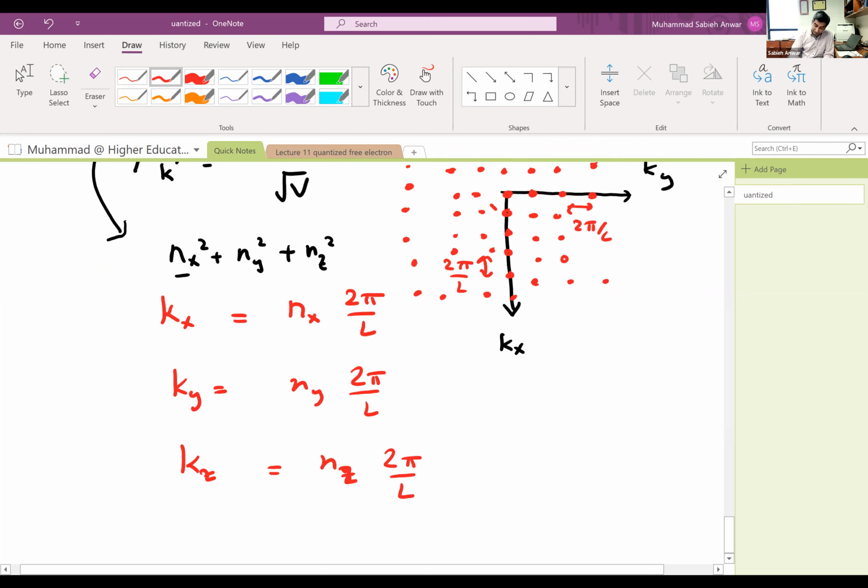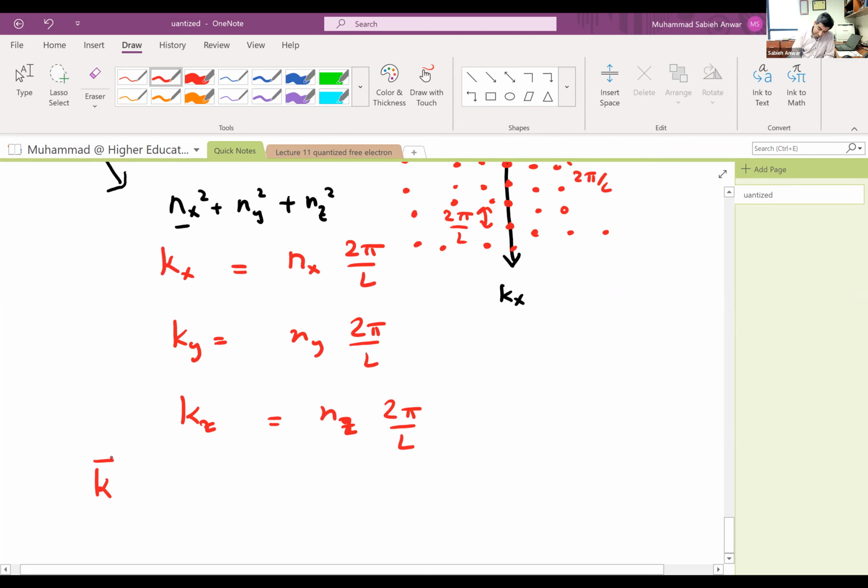And the total k, which is of course a vector, its magnitude square is going to be kx square plus ky square plus kz square, and this is going to be n square 4 pi square over L square, where n square is the expression over here. So the energy also becomes quantized.